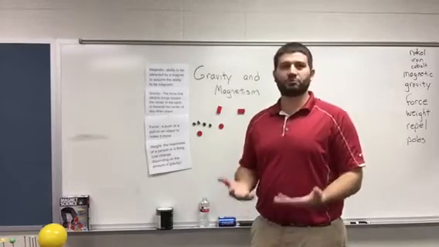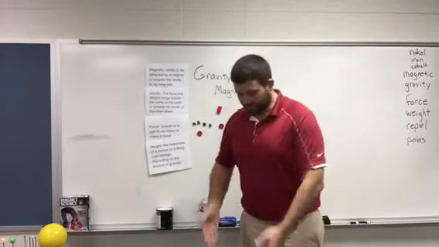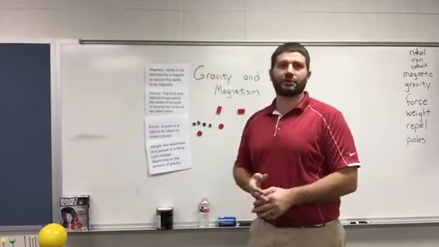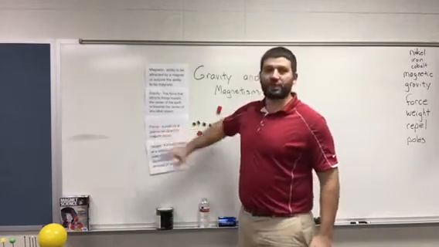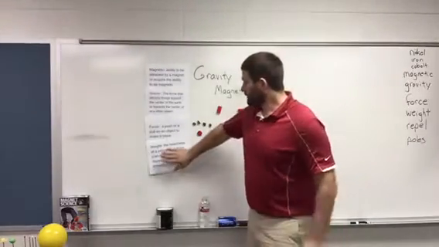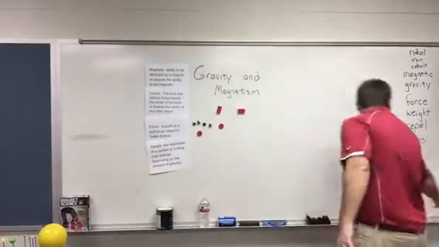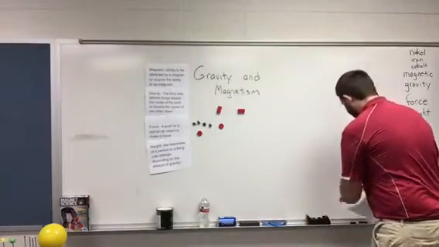When you step onto a scale, it's the amount that you're being pulled down to the ground, that force of gravity pulling you down. So weight is how heavy a person or an object is. We've got a couple more terms here.